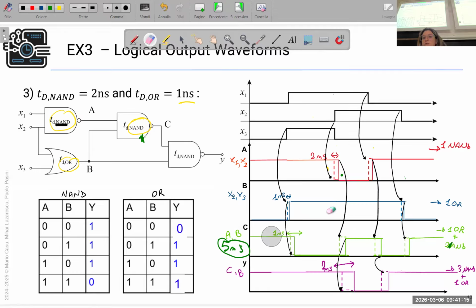After the red changes, here you say we should have 4. Yes, and C shouldn't change. The last NAND needs time to give you C. Here I wrote 4, okay?